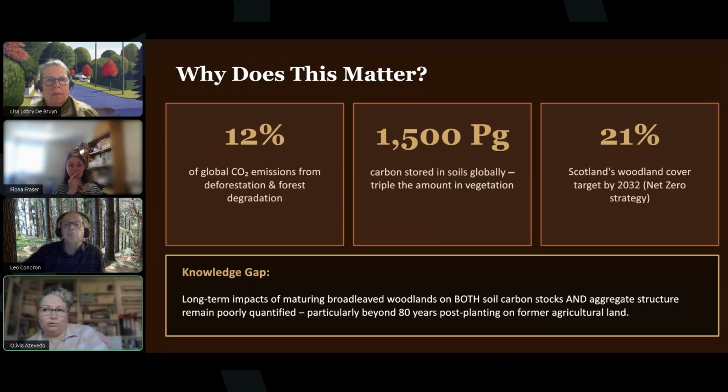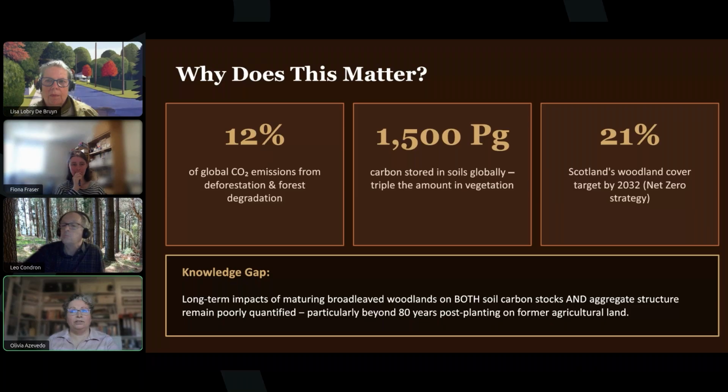So deforestation contributes to roughly 12% of global CO2 emissions. Soils globally store more than triple the amount stored in all above ground vegetation combined. So when we talk about forest creation as a climate solution, the below ground story is just as important as the trees themselves.